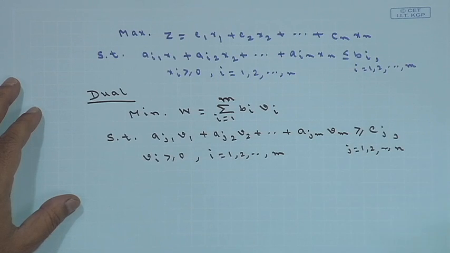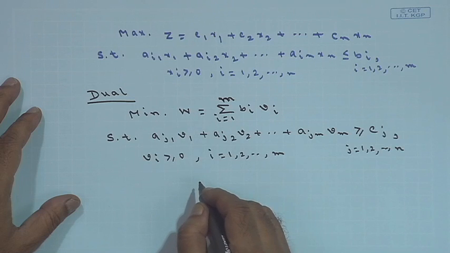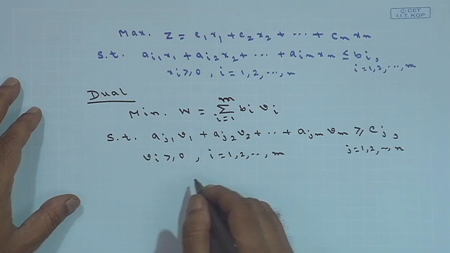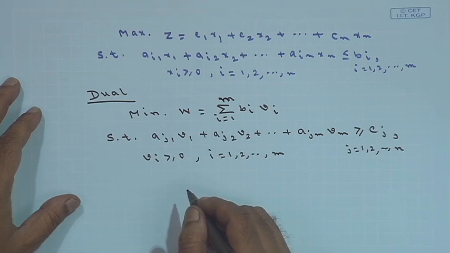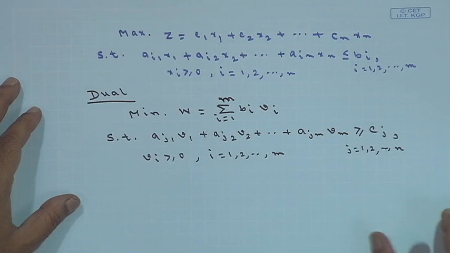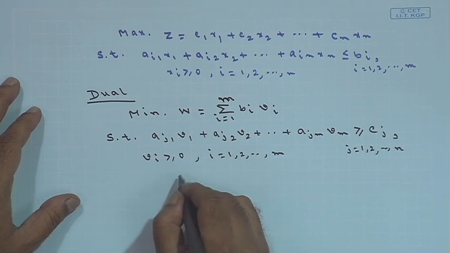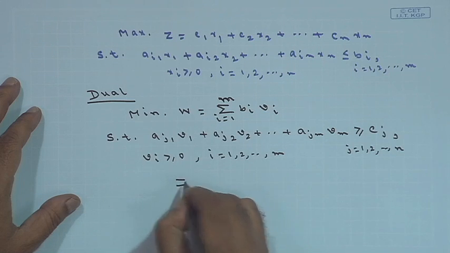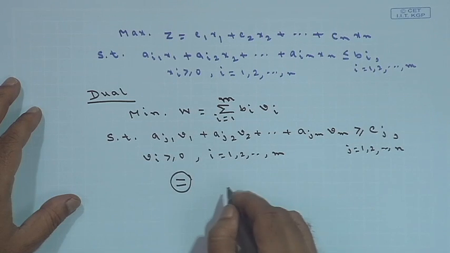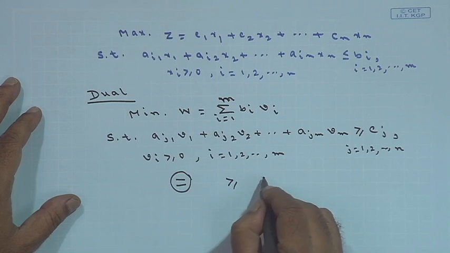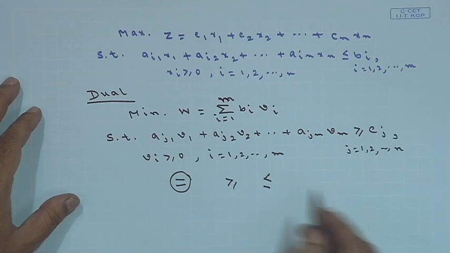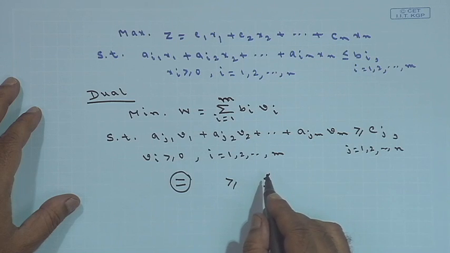So, if the constraints are inequality type, greater than or equal to or less than or equal to, you can always convert as usual by changing greater than or equal to into less than or equal to. Or if you have equality type, you can convert it into two inequalities, one with greater than or equal to, another with less than or equal to, which we have discussed.